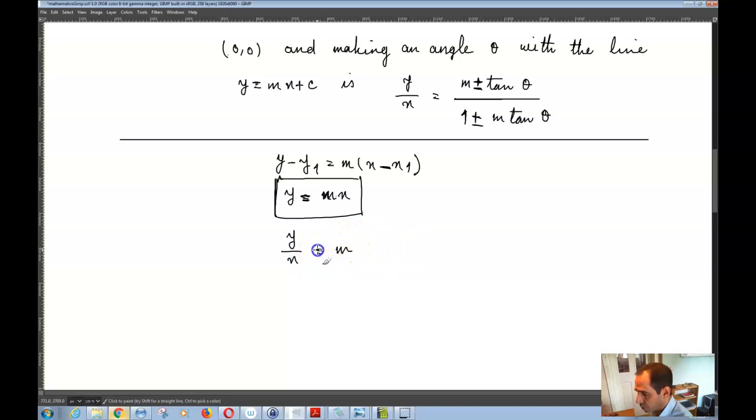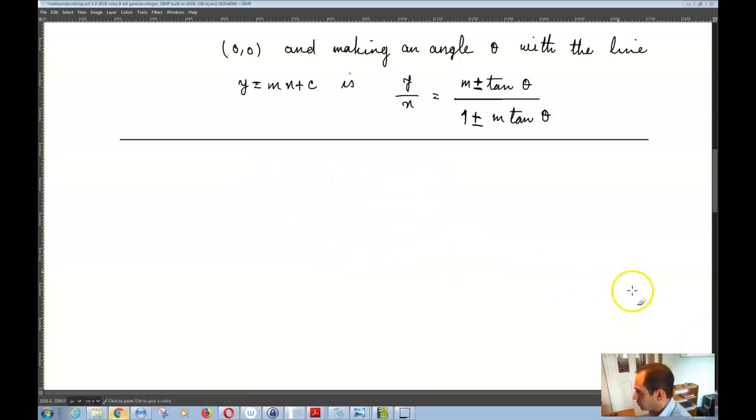So all that I need over here is to find the slope of this line.